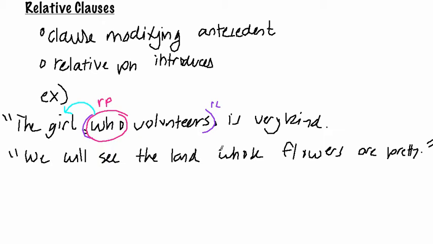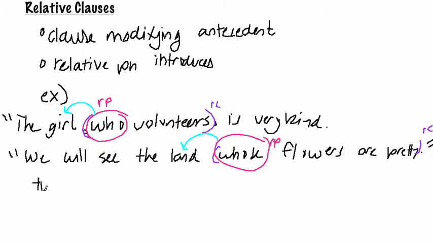Let me mark this off first as the relative clause. And the whose as the relative pronoun. So it has a subject and a verb, but it can't stand alone. And again, the antecedent is the noun that is being modified. So, whose flowers were they? They were the land's.